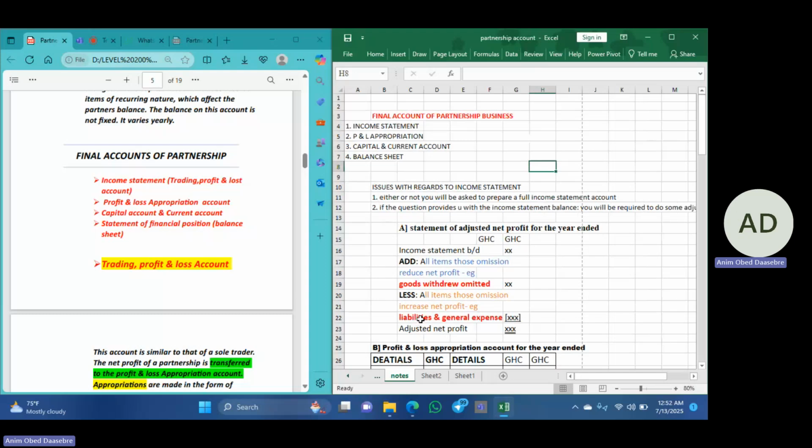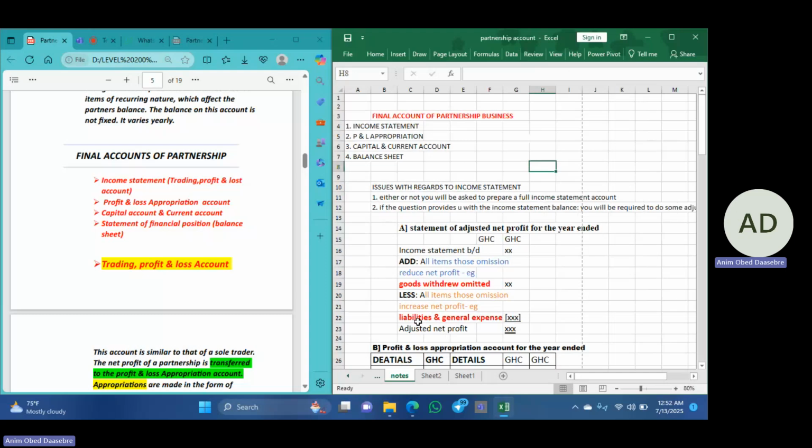So liabilities and general expenses are things that we have to make payments for. We owe third parties. You get it? So when we don't record these things, they are likely going to increase our profit.